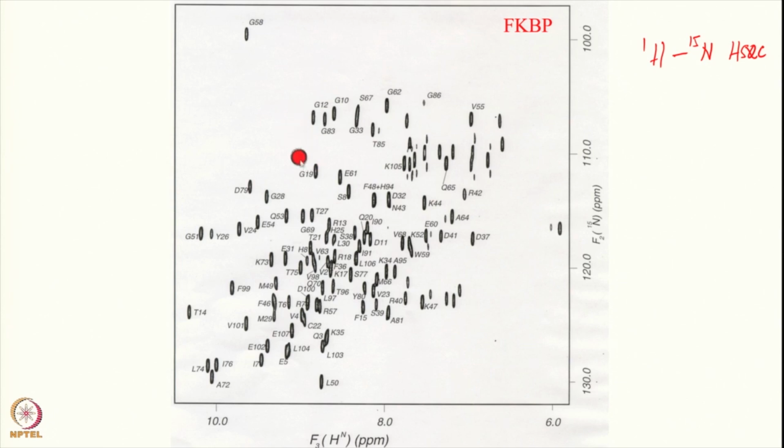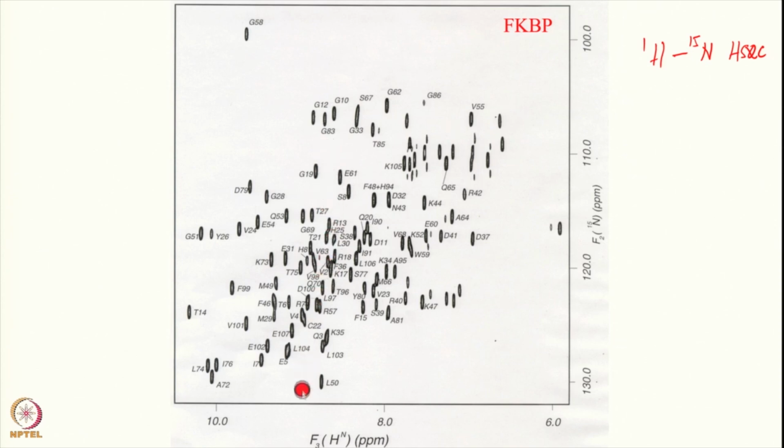Suppose you were to take a projection, a cross section at a particular NH position in the proton spectrum, how would it look? Suppose I take the amide proton at this chemical shift, and you see how many peaks are here, 1, 2, 3, 4, 5, 6, so many amide protons are present at this particular position. This is what I illustrated last time, that when so many amides are present, they will all come at the same line in your correlation spectrum of the TOCSY or the NOESY.